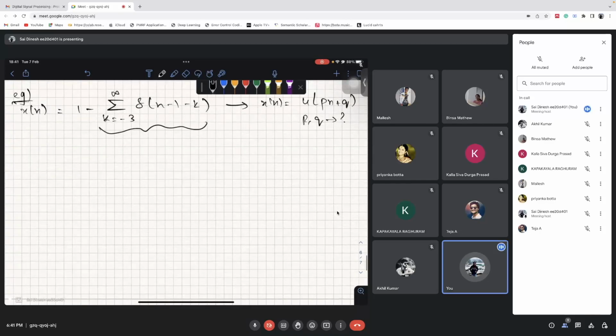So let's just put the values of k here. k equal to minus 3 means delta of n minus 1 plus 3. Sorry, okay, let's start from k equal to 3. Simply k equal to 3: delta of n minus 1 minus 3, which is delta of n minus 4, plus k equal to 4 means delta of n minus 5, plus delta of n minus 6, and so on. So what is this?